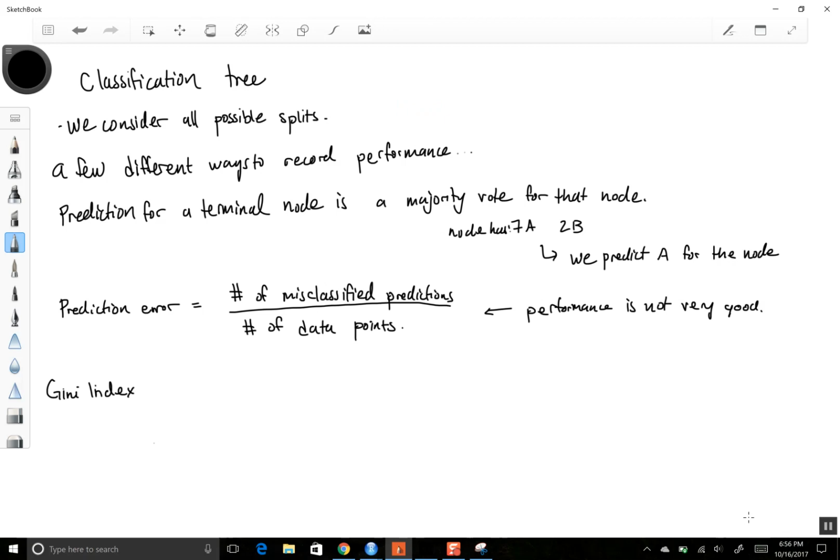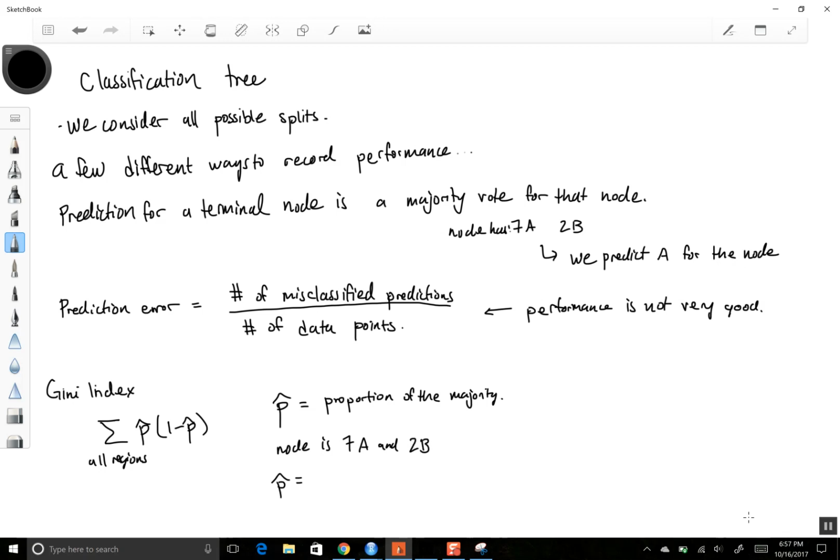This is basically summed across all regions, with p hat being the purity, the proportion of the majority in that terminal node. If the node is 7 A and 2 B, then p hat would be 7 out of 9.